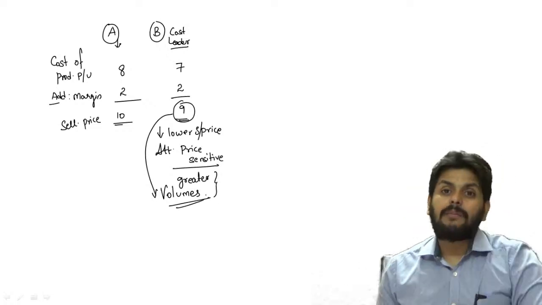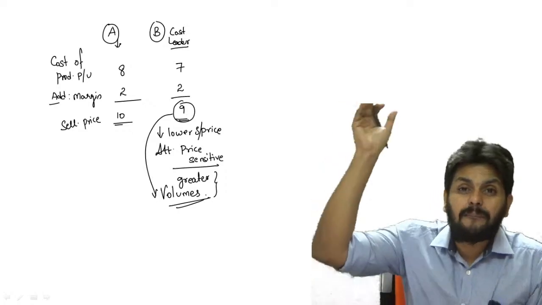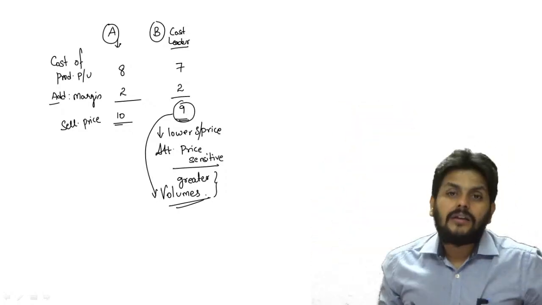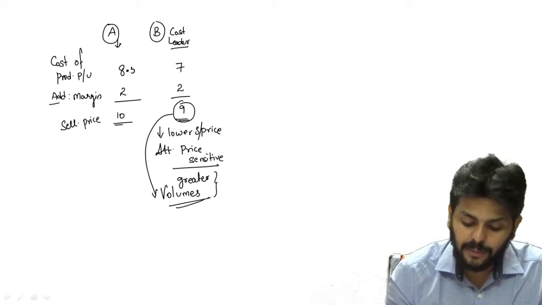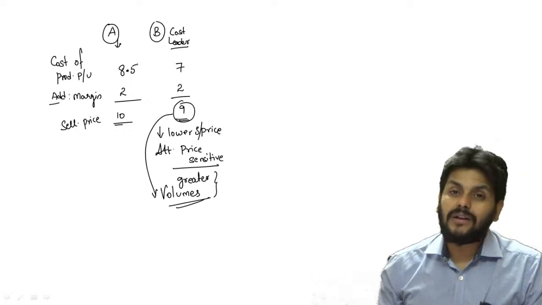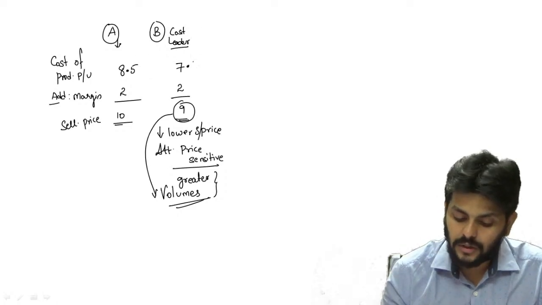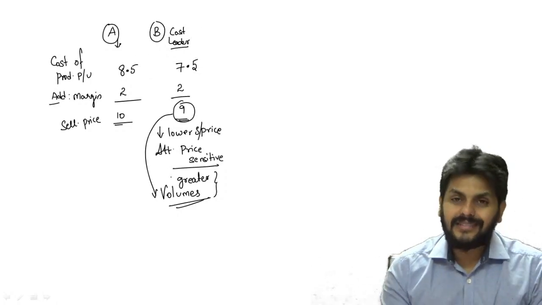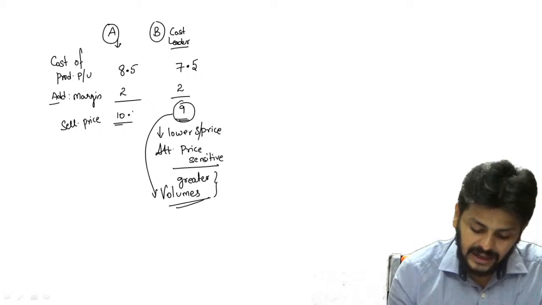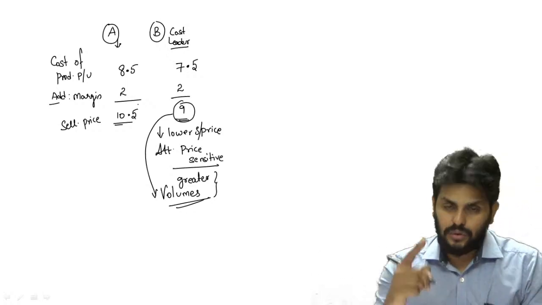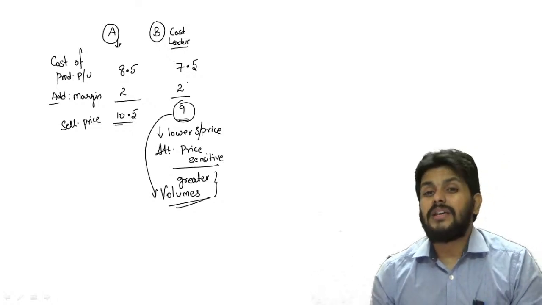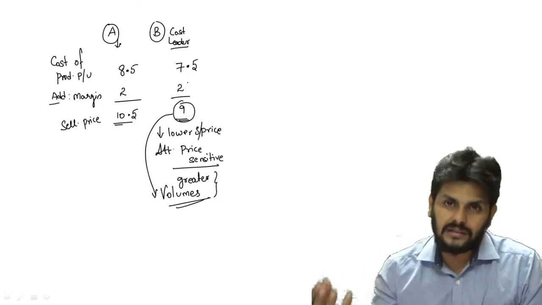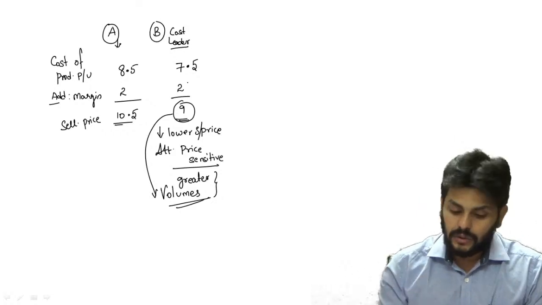Now, the best part about being a cost leader is even if our suppliers increase price, now let's say the cost of raw material went up. So this fellow's 8 became 8.5. We also had to absorb the same. Okay. Now this fellow went on to make it 10.5. Now you can make it 9.5. But if you think you want to actually take the market, you can do one thing.